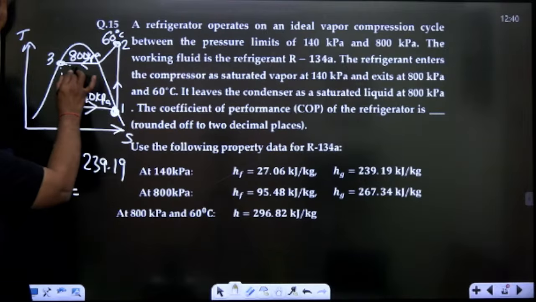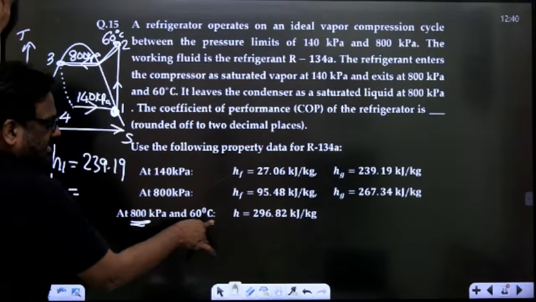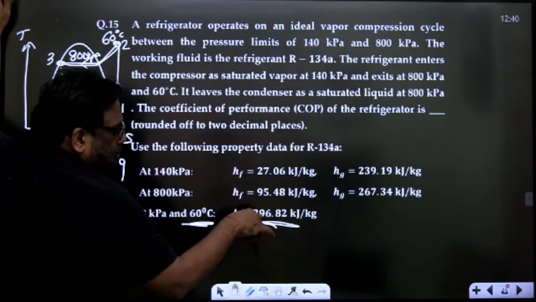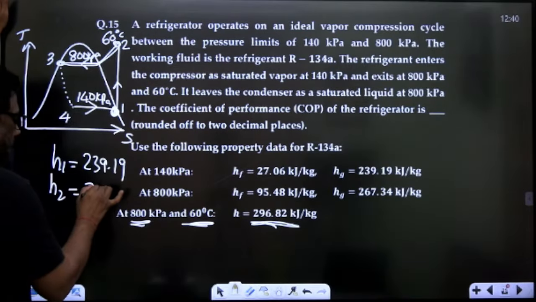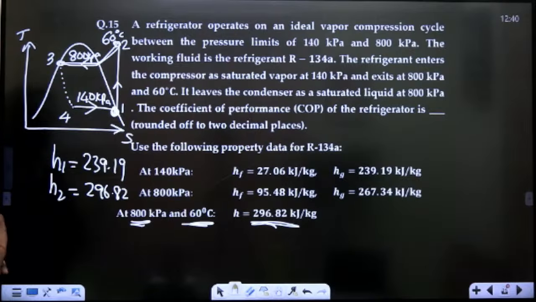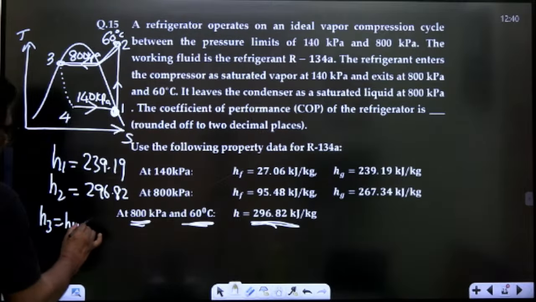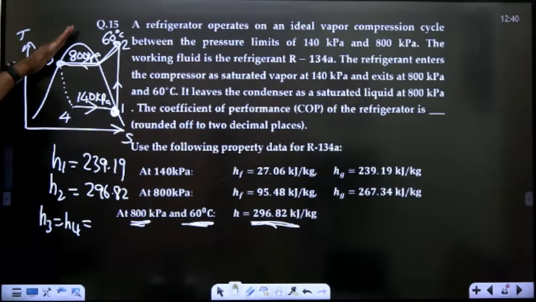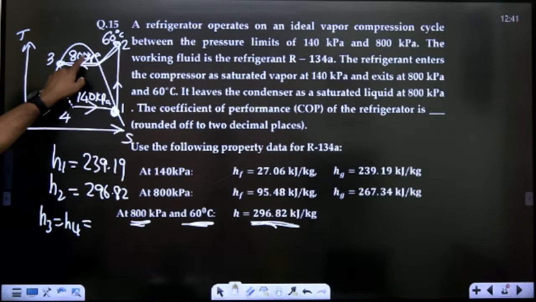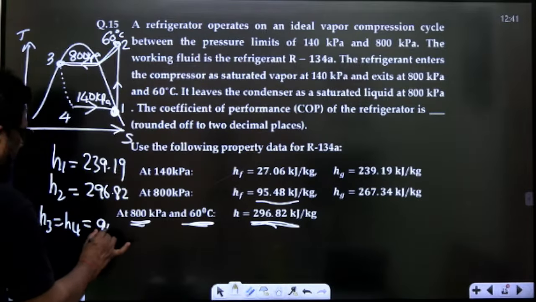H2 is at 800 kilopascal, 60 degree centigrade, and the enthalpy is 296.82. Excellent, sir. And what is H3, sir? H3 is also equal to H4. So can I write H3 as Hf? This is Hf, Hf at 800. So at 800 Hf is 95.48.